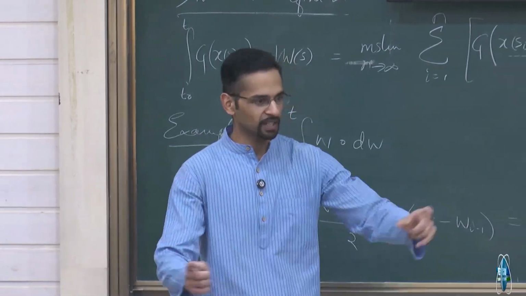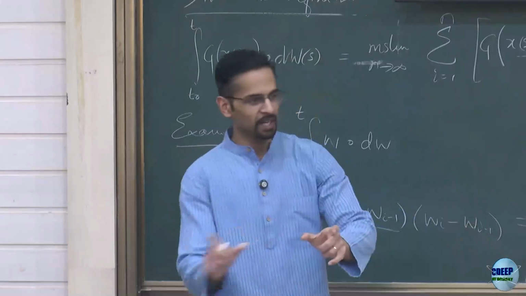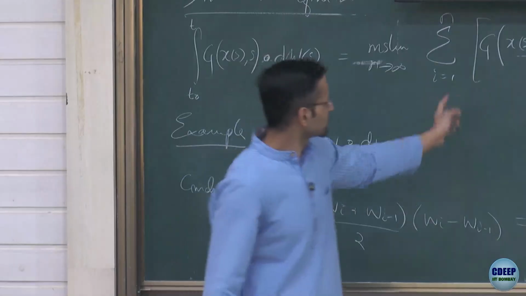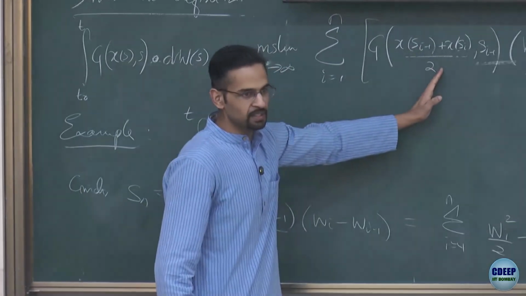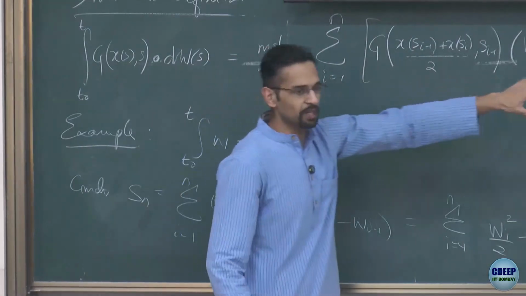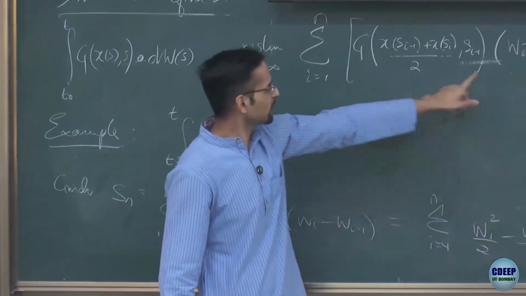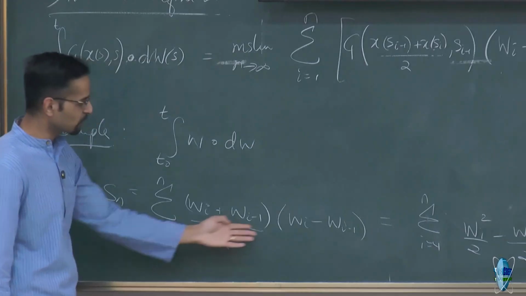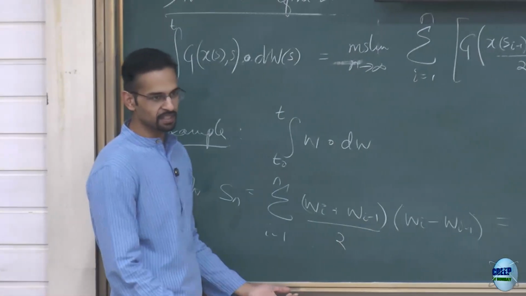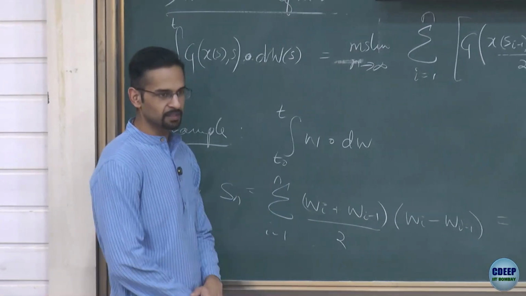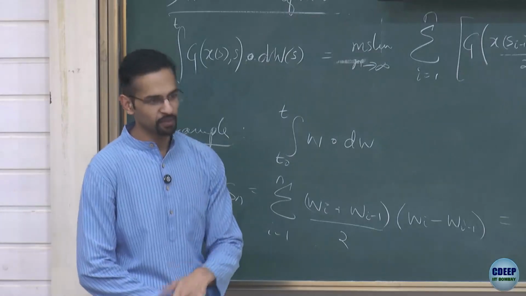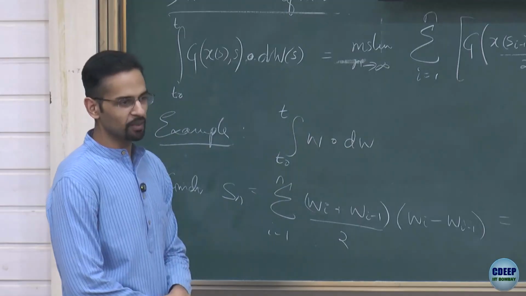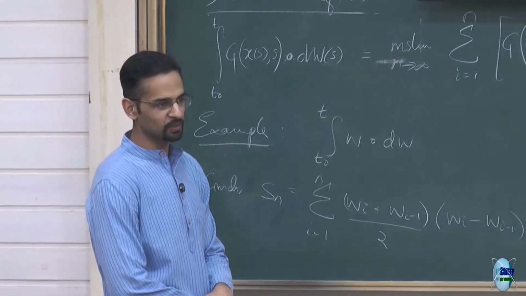Those second order corrections, because you go forward by a half step and backward, vanish when you sum them. Here also, because I evaluate at the midpoint, the dW squared terms will somehow cancel out. Here we have not seen it because I directly used the definition in a nice trick and it gave me the answer. But that is the underlying thing, and we will see this later in the course. There will be many instances where we will have more intuition into why Stratonovich gives the same answers.